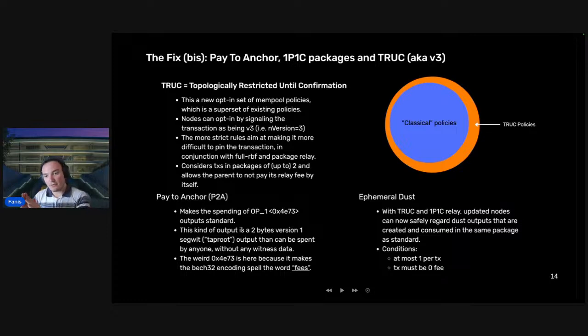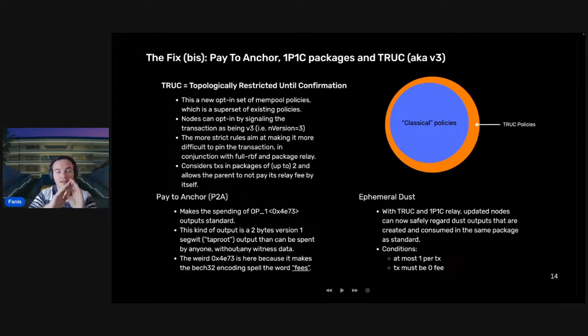But it wasn't necessarily standard to spend this output. And so the pay to anchor update makes it standard to spend this specific output, which is a 2 bytes version 1 Segwit output, so a 2 bytes Taproot output, let's say. And it can be spent by anyone without any witness data.